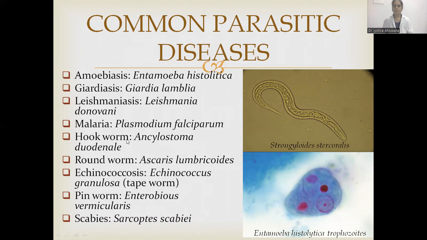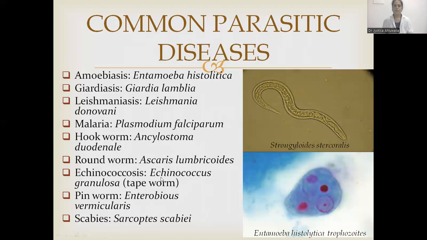The hookworm, it is the Ancylostoma duodenale. It can cause severe anemia due to blood loss. The roundworm or Ascaris lumbricoides, again, this can cause the skin infection, or also the respiratory tract can be blocked in severe cases.